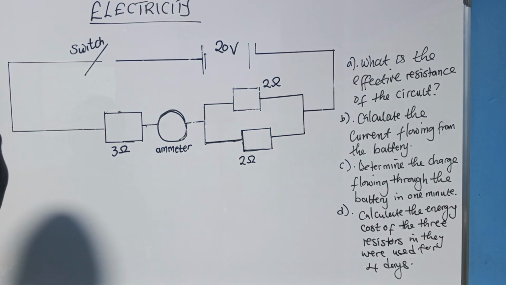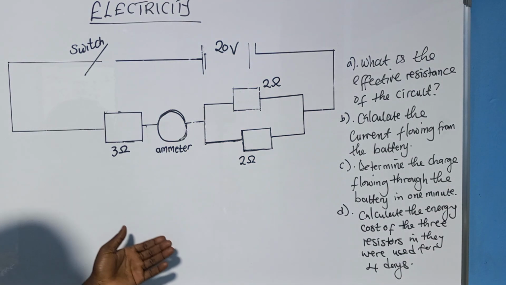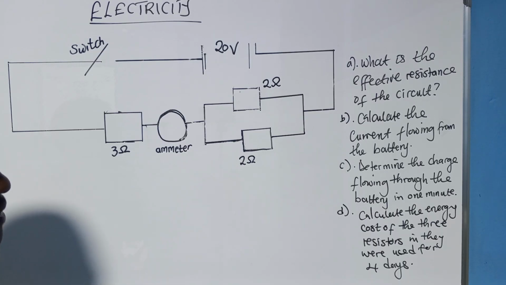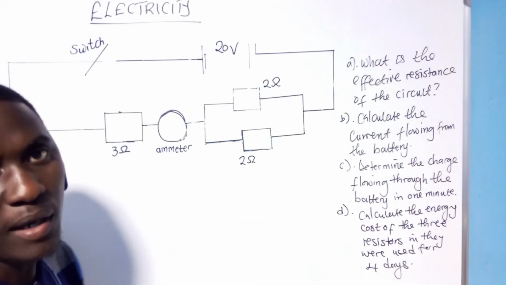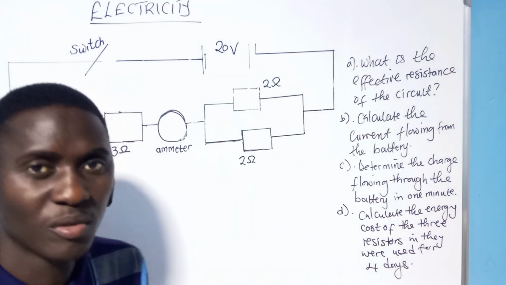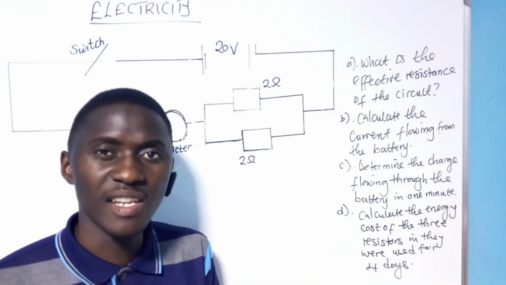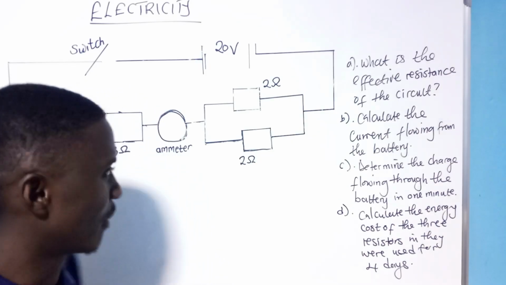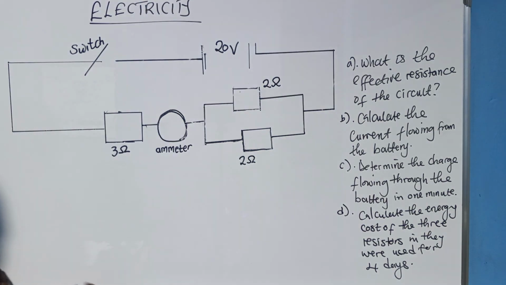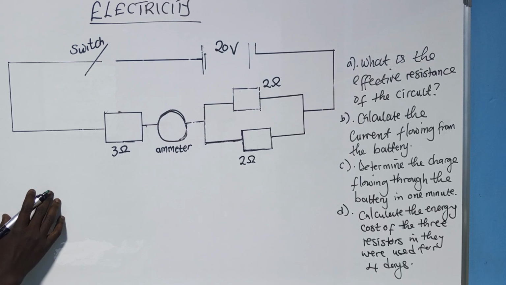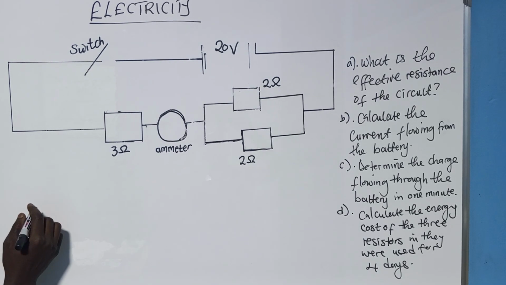We have a diagram here, which we call a circuit diagram. But before we come to the questions, I want to show you how you can solve questions in series as well as in parallel. So I'm going to start with the parallel.